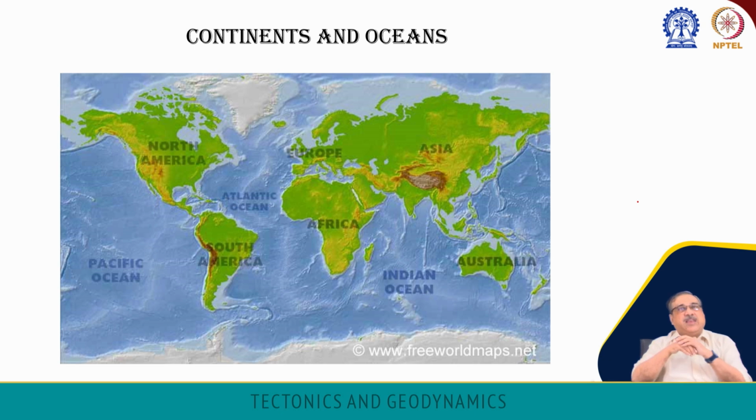So, the continents are elevated; they are the parts that we actually survive on. What we refer to as land in geology, the earth sciences or earth system sciences refers to the continents. If you look at them today, they are dispersed more or less in this manner.